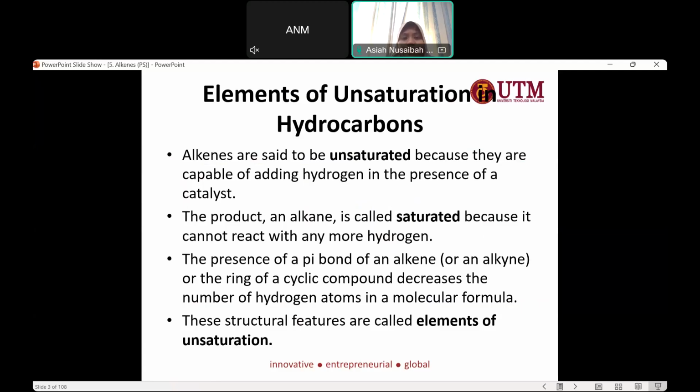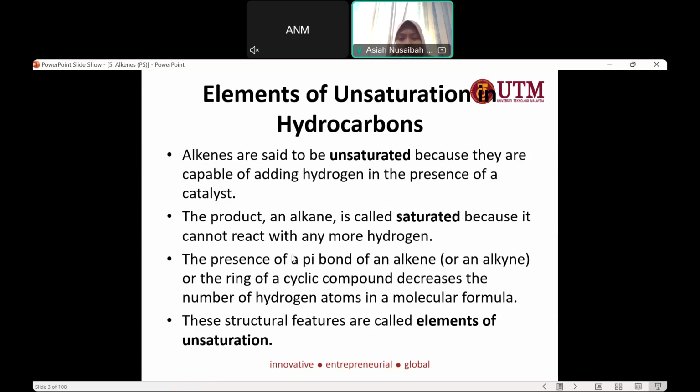But alkene is said to be unsaturated. Why? Because it has the double bond between the two C, so it is capable of adding hydrogen in the presence of a catalyst. With the addition of hydrogen, the alkene will result in alkane as the product.